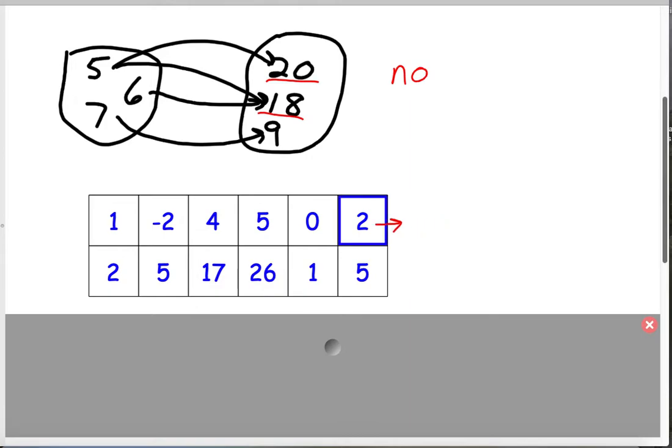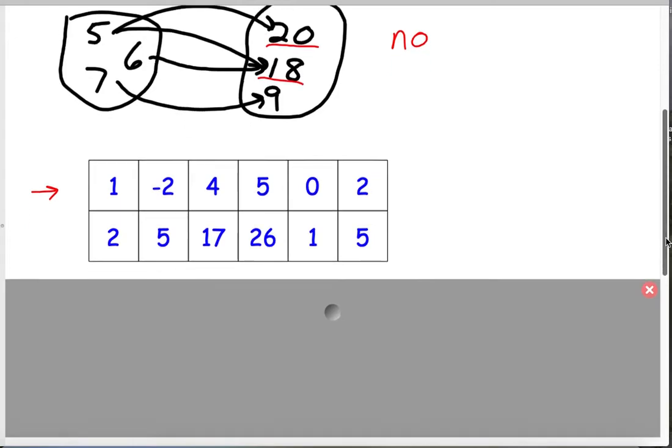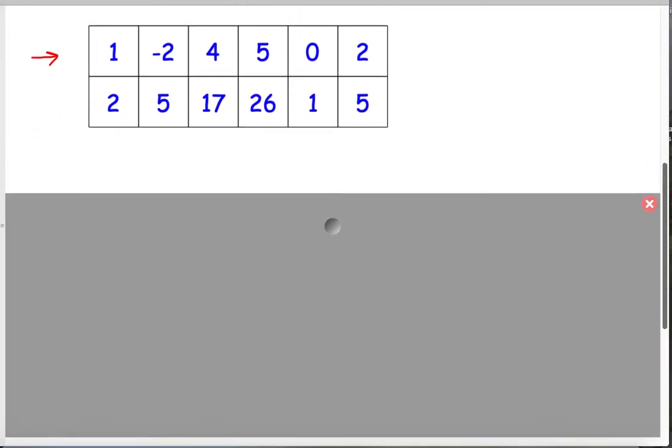So we don't see any repetition in the first row, which represents our domain. So that means that each element in the domain is getting mapped to a unique element of the range. And it doesn't matter that positive 2 gets mapped to 5 and negative 2 gets mapped to 5. That's okay. By the way, do you know what the rule is for this mapping? You might have figured it out already.